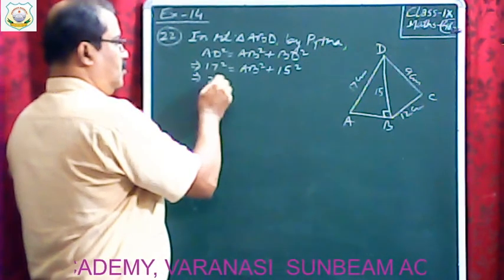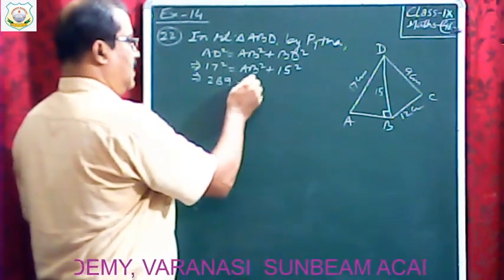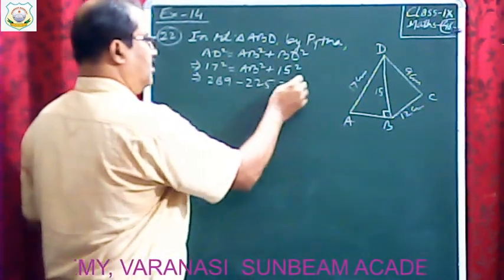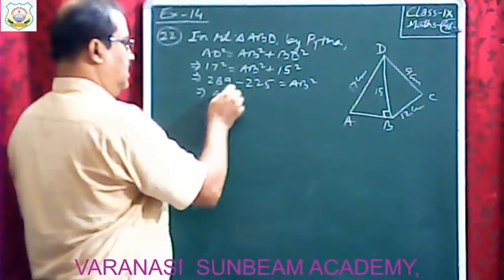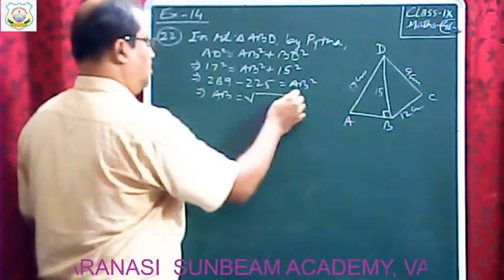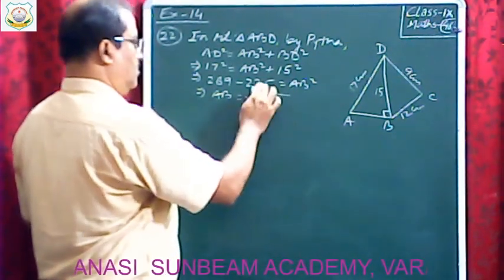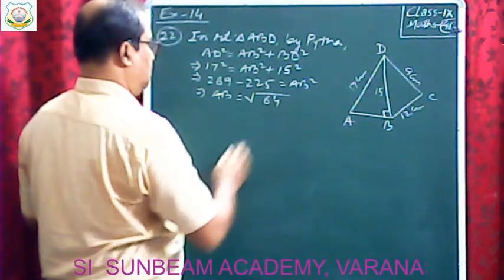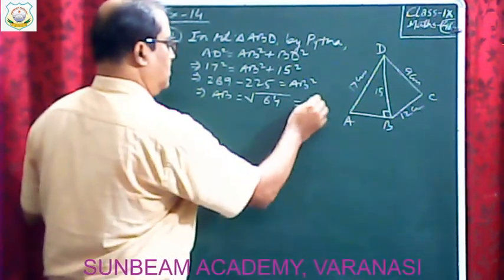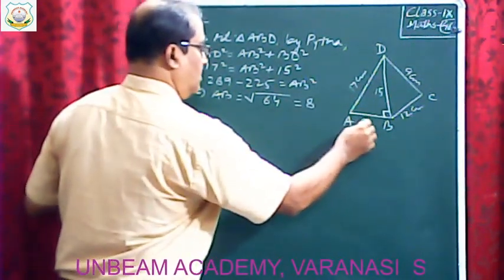So 289 minus 225 equal to AB square, transposing. So finally we get AB equal to square root of 64, that is equal to 8 centimeter.